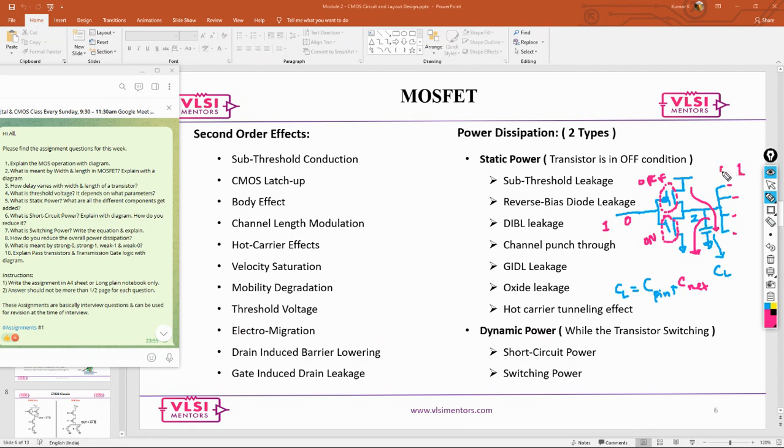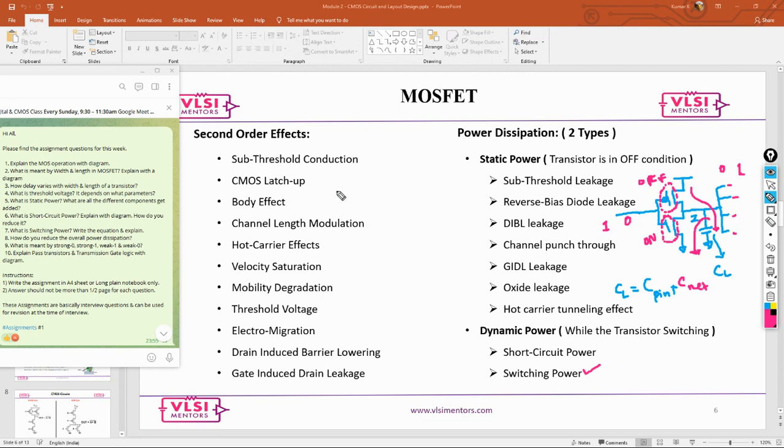So the next inputs, the fan outs, they all would be having a logic 0. So during this process, charging and discharging of this capacitor is what actually happens. The power that is consumed during the whole process is called switching power, and we discussed this in detail also.